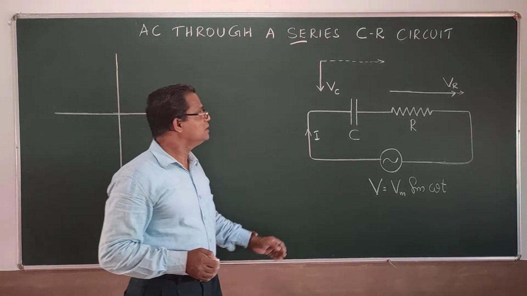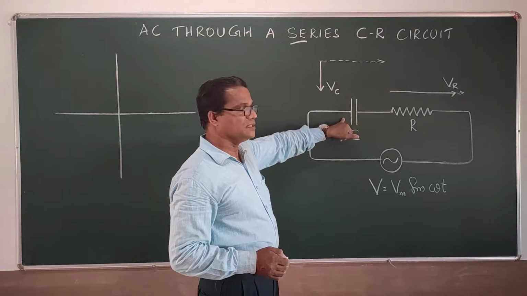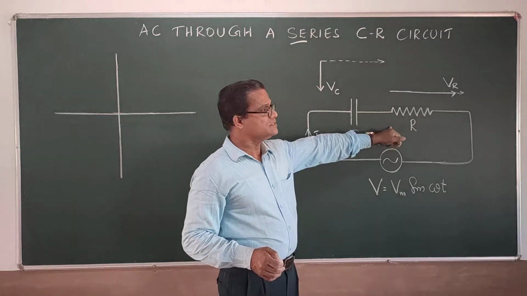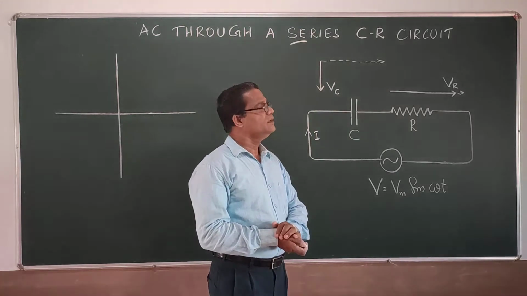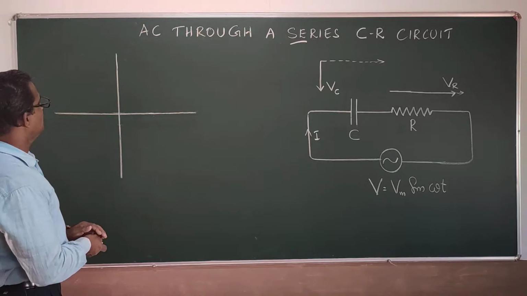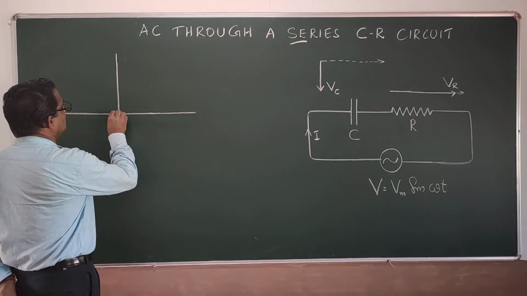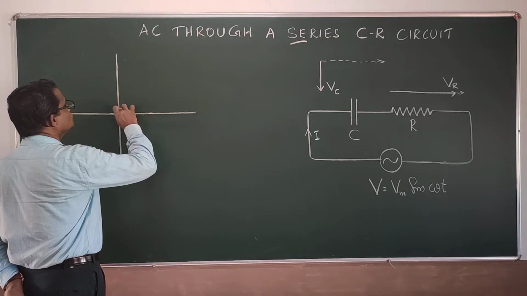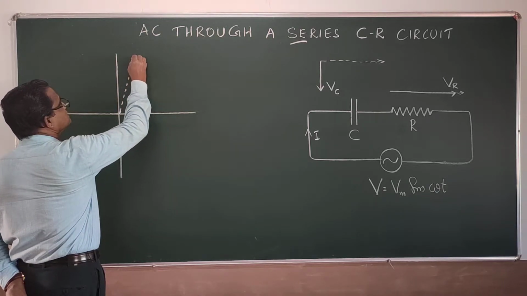And you know that the current in the capacitor is the same as that in the resistor, but the voltage across the capacitor is lagging behind the current by a phase angle pi by 2. For that, I consider the reference current here close to the y-axis.